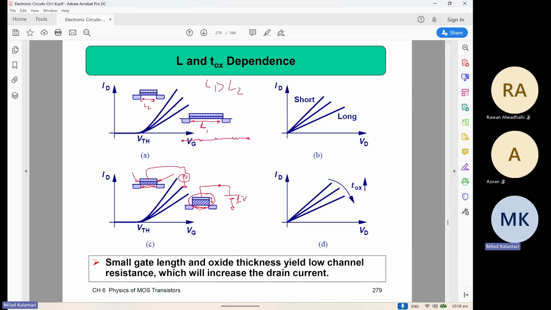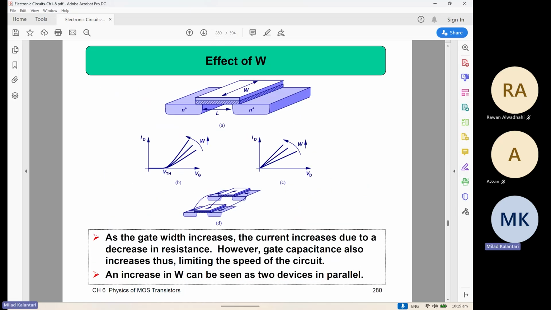So we expect that the longer L has less current, right? Because the resistance is a little bit larger than the other one. So from these things, we can predict how the device current characteristic will behave.